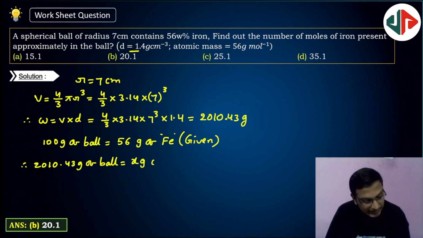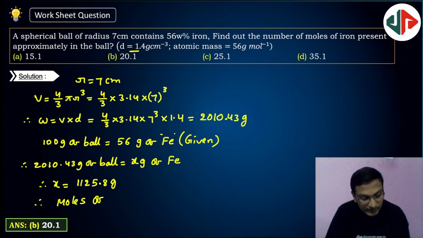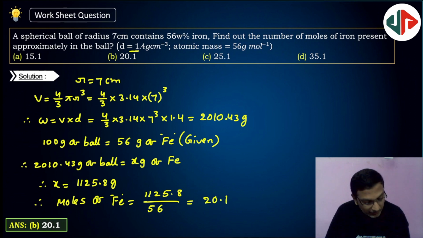Say x grams of iron. On cross multiplication, we get x value as 1125.8 grams. Therefore, moles of iron equal weight by atomic weight: 1125.8 by 56, which is 20.1 moles. Option B.